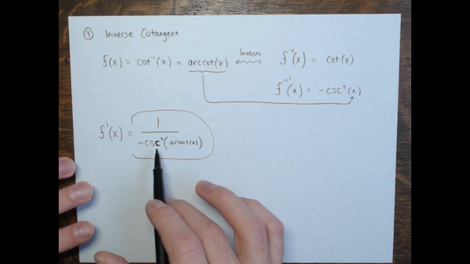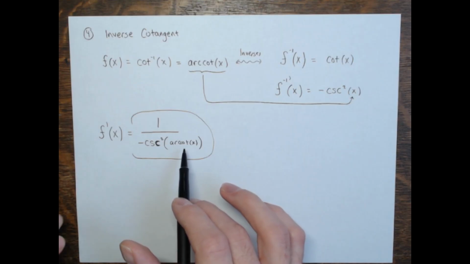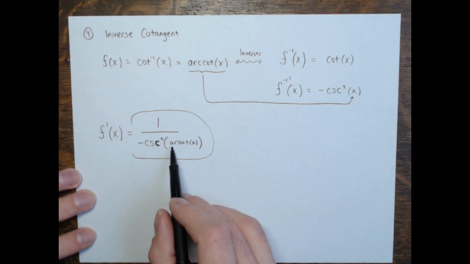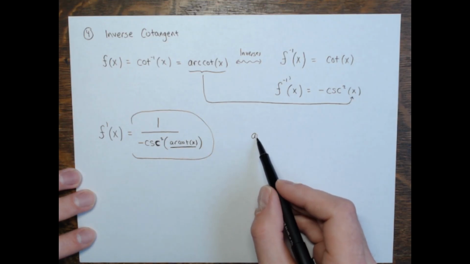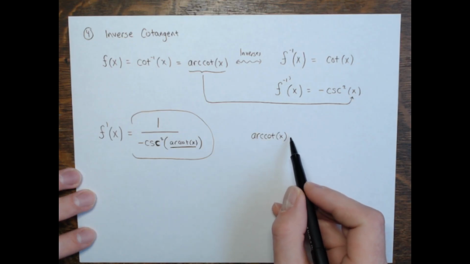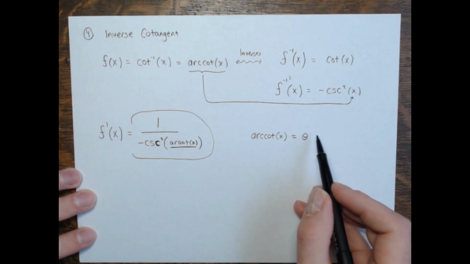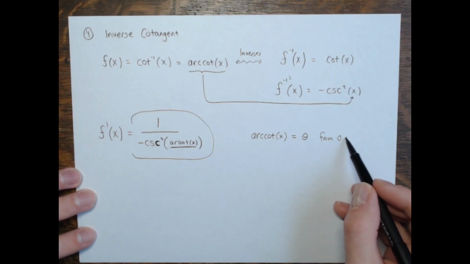Again, they're going to typically rewrite this algebraically. So the arc cotangent of x, I'm going to call that an angle measure, once again theta. But this time, it's an angle from 0 to pi.